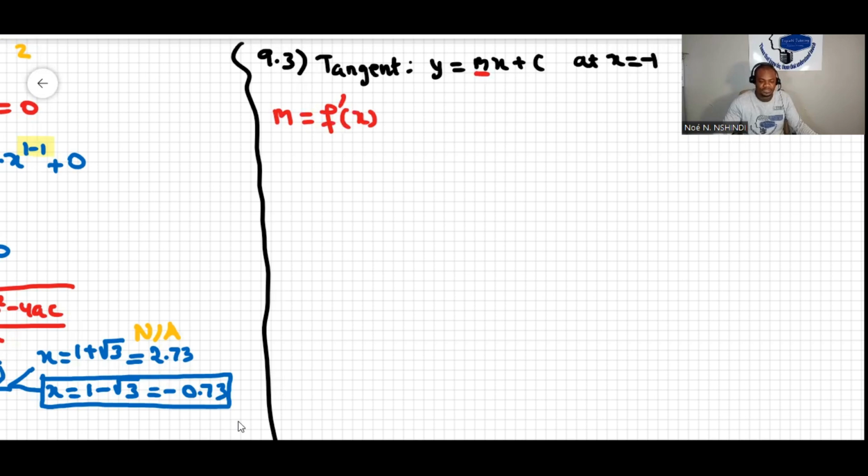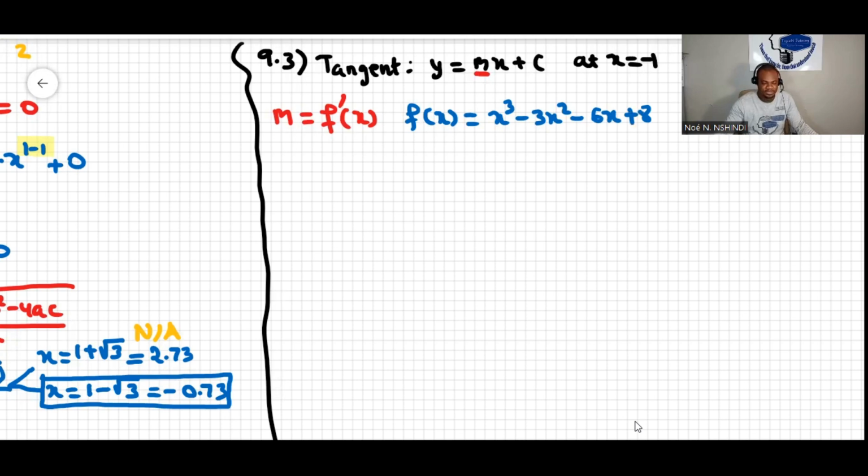Let's first find the derivative of the function f of x. f of x was given by x cubed minus 3x squared, we did find it earlier, minus 6x plus 8.